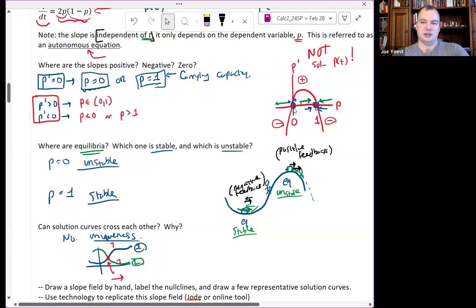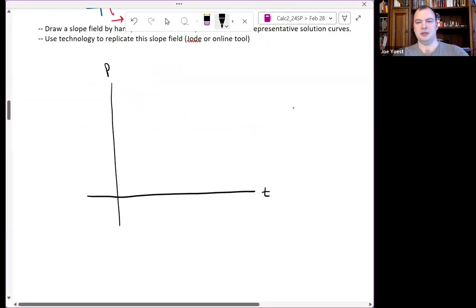One thing I would like to start with is my equilibrium solutions. I know anytime that p is 0 or 1, I have a horizontal tangent. I'm going to come in here and consider some sample points.